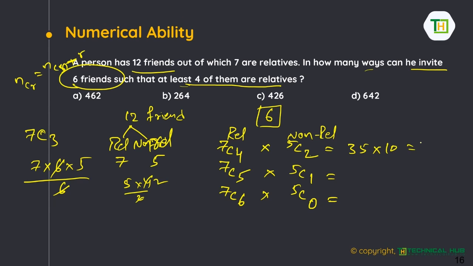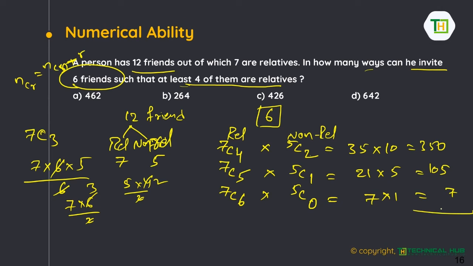That is 350. And next 7C5, which is equal to 7C2. That is 7 into 6 divided by 2, which is 21. 21 into 5, 105. And next 7C6 or 7C1, both are the same. 7 into 1, which is equal to 7.